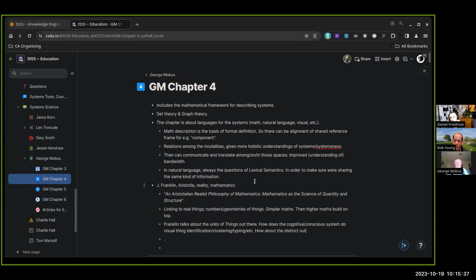I think that's probably one of the words I'm searching for. So I think Franklin uses one illustration of a picture of a bowl of fruit. And if you've never seen a bowl of fruit before, you might not know what they are. But if you have, then you know, oh, there's some fruits in that bowl.